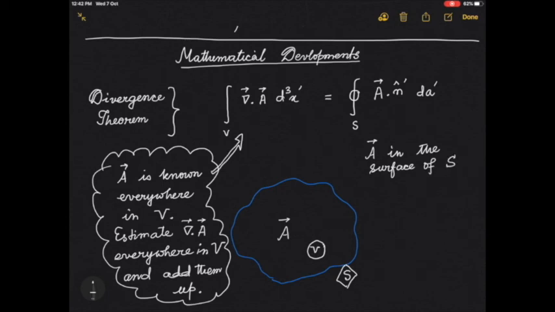The surface is a closed surface, and that is important, and that is what is denoted by the circle around the integral on the right hand side. And this is the surface which is enclosing the volume, the volume that you are integrating over in the left hand side.